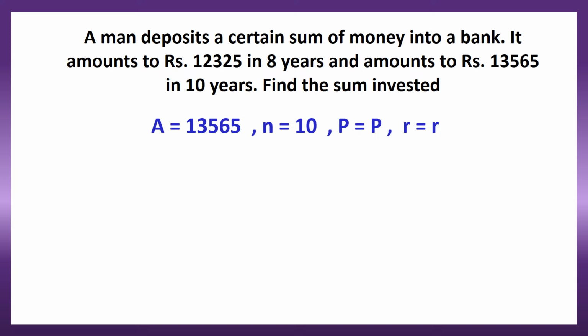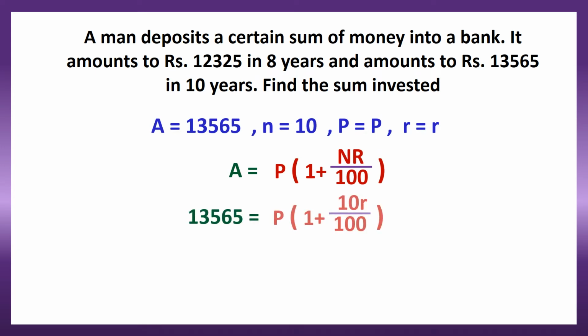So, A is 13,565, N is 10, principal and rate are unknown. Let us apply the same formula. A is equal to P into 1 plus NR by 100. So, 13,565 is equal to P into 1 plus 10R divided by 100. That is our second equation.